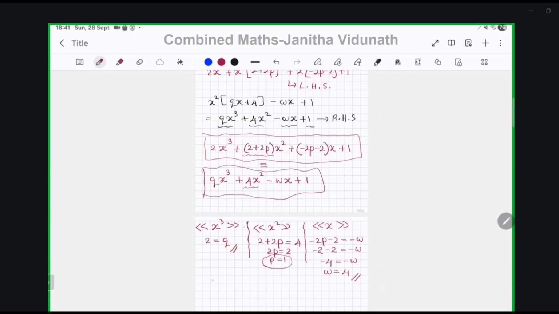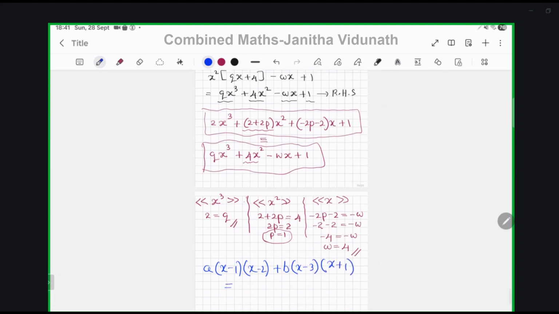Now I will give the final question for the day. a times (x minus 1) times (x minus 2) plus b times (x minus 3) times (x plus 1) is equivalent to x square minus x plus c.